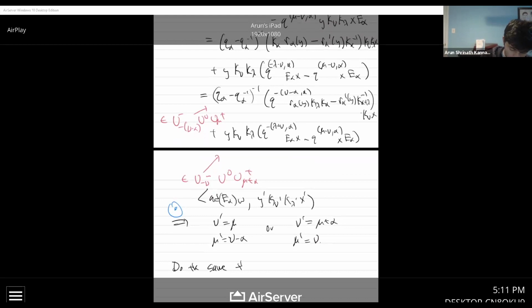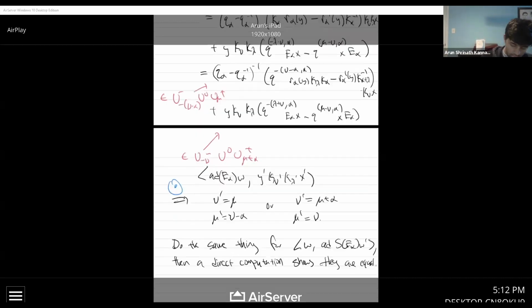So do the same thing for w add S of E alpha prime. Then a direct computation shows they're equal. So that shows it for E alpha.